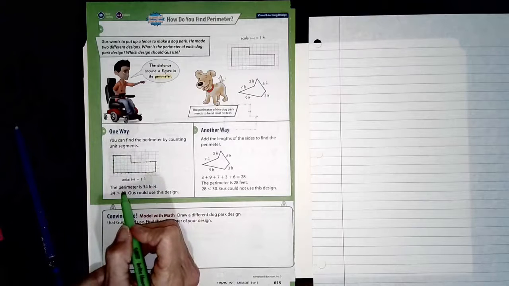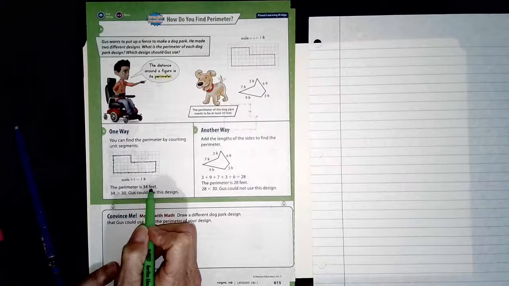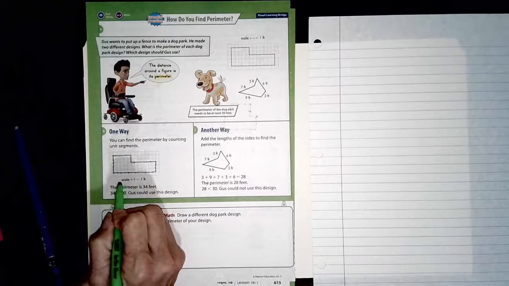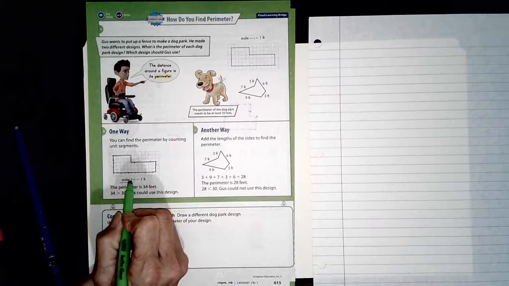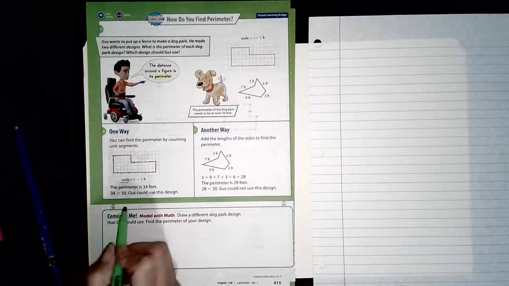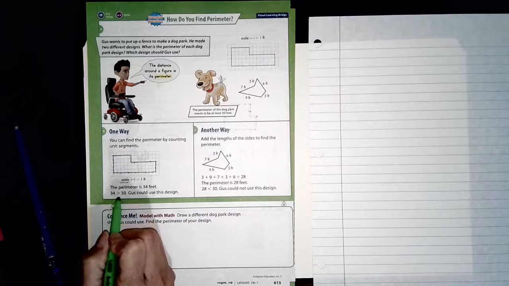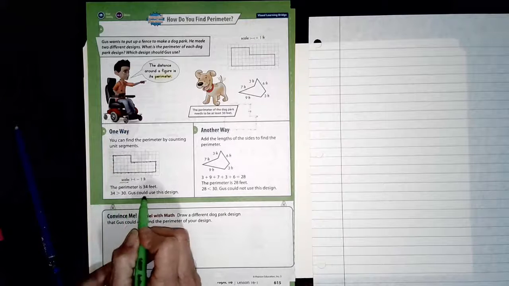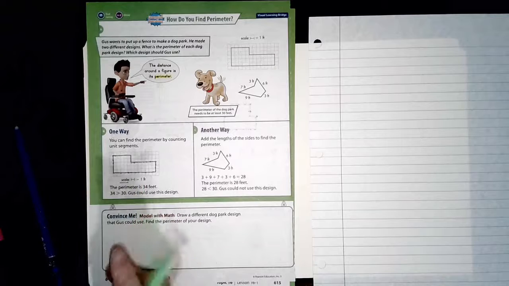I can see that the perimeter around this shape is 34 feet. I know it's feet because the scale tells me from one line to the next is equal to 1 foot. So 34 is greater than 30. Gus could use this design for the dog park.